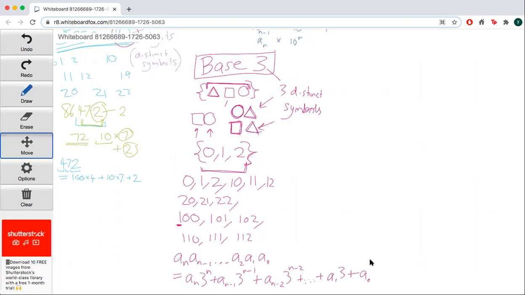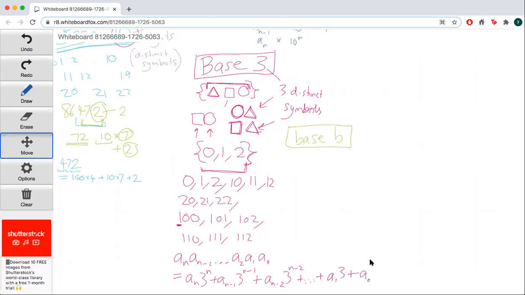And then we're going to generalize it even further and just say that for any B, we can count in that base. So in general, base B expansion.